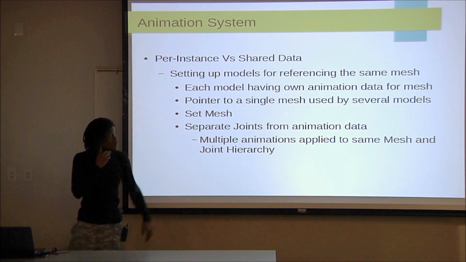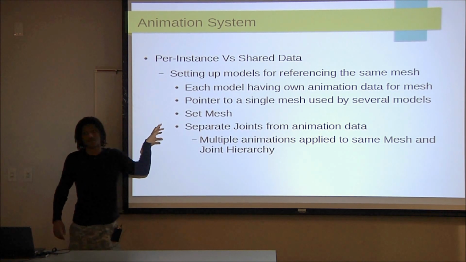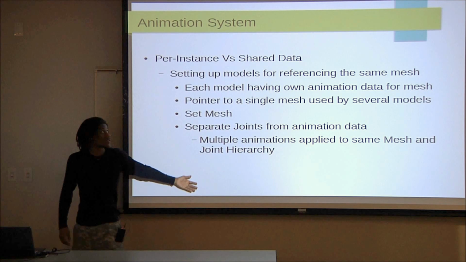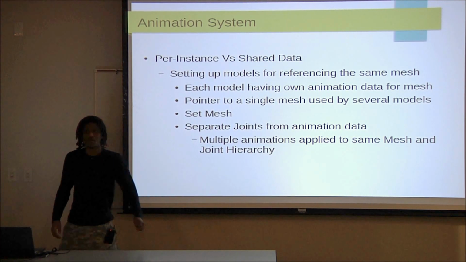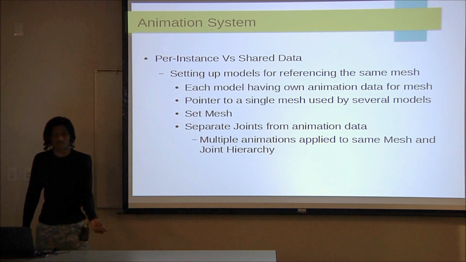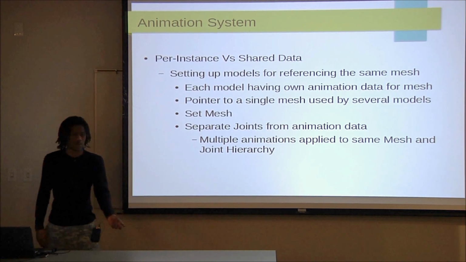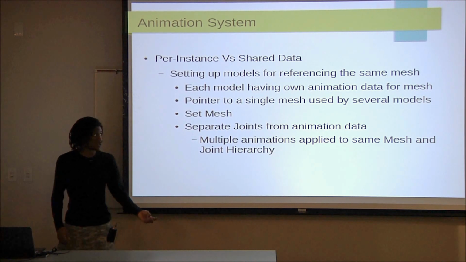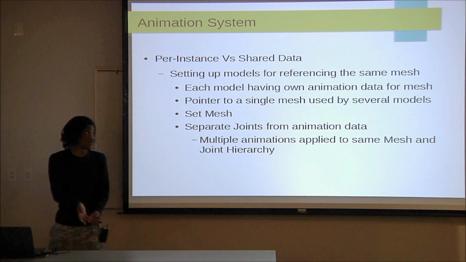I just add a pointer to a single mesh. Like I said before, my meshes are treated just like textures. So this is how you want to do it. A texture should definitely be shared data, because the texture doesn't change unless you're rendering to it or updating it dynamically. But generally, if you've got a normal map, it's usually not going to change.